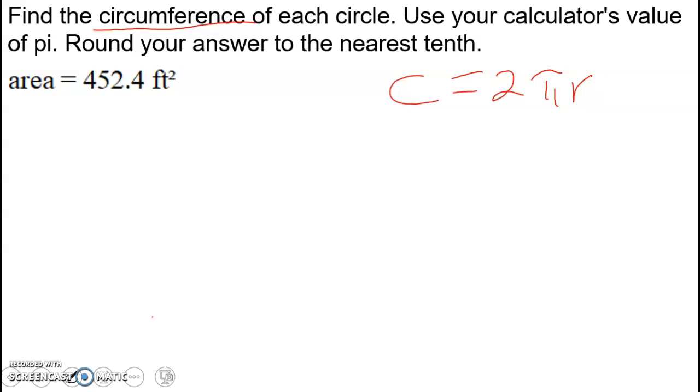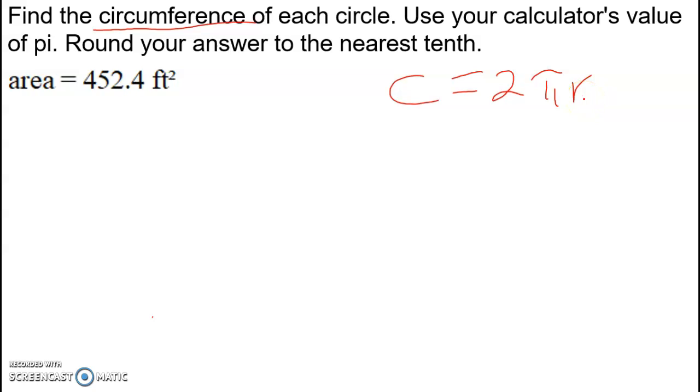Circumference is distance, is perimeter, is one dimension, so it's not squared. If you remember, one dimension is not squared, only 2 dimensions is squared. Your formula will tell you what you need. What do we need to find circumference here? We know 2. We know pi is a number. The radius is all we need.